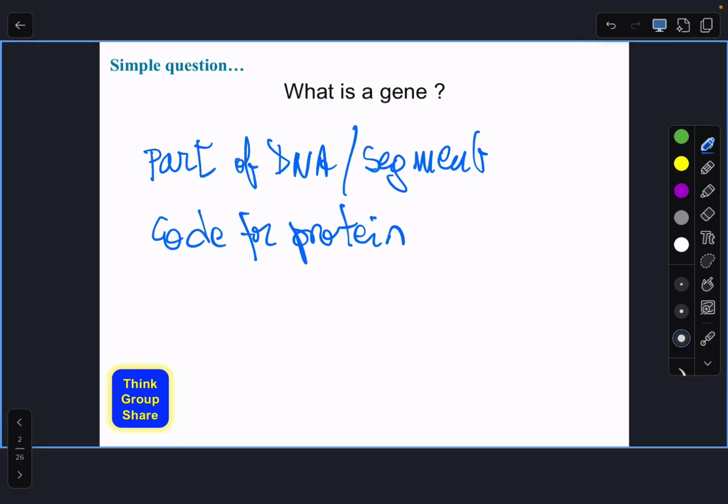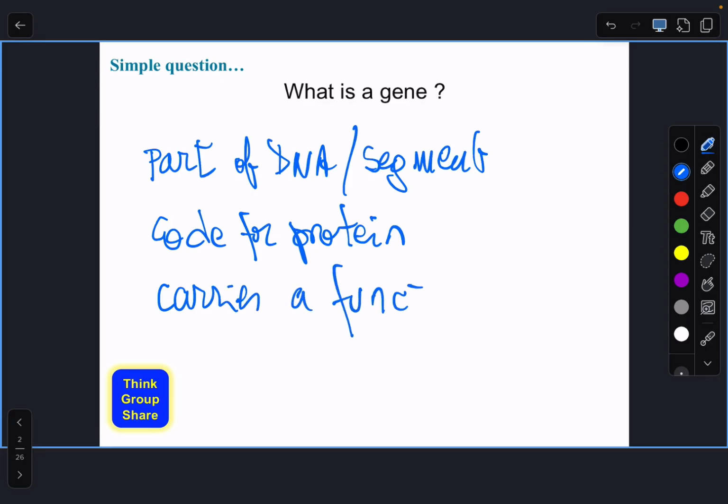Okay, phenotype is something that, again, us as external observers, we assign a phenotype, but from the point of view of the individual that has that gene, plant, animal, it's a function, right? Sure. So code for protein, let's say, carries a function. What else? What else do we associate gene with?